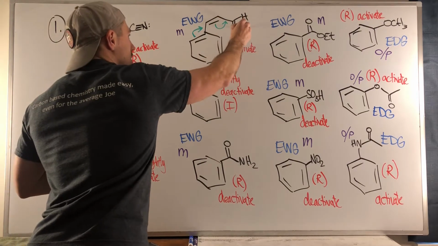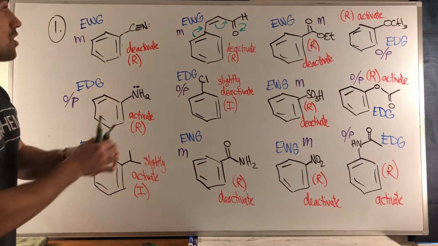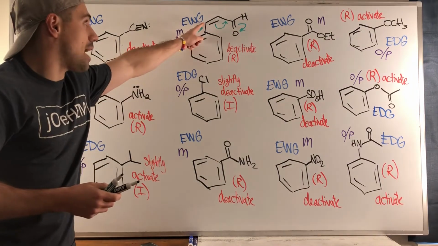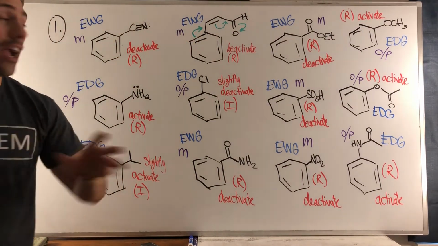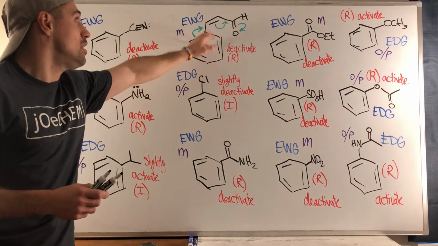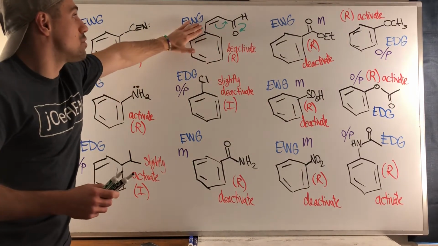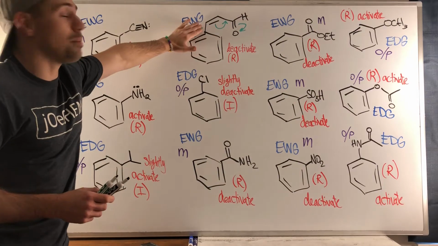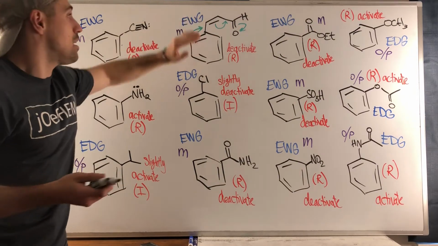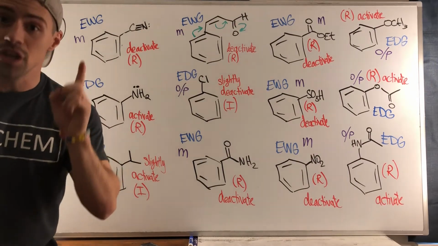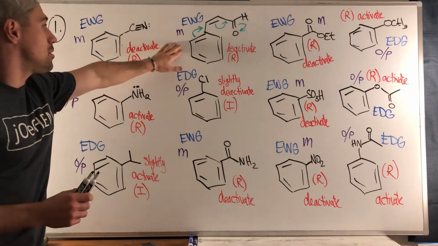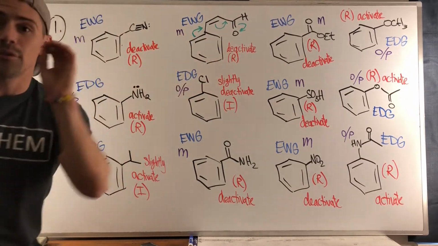Electrons can move over there, and electrons can bounce up there. So really, this is a partially positive carbon via resonance in disguise. I encourage you to draw this resonance on your own. You'll see, even if you just do these resonance moves, that carbon is partially positive. This is a functional group called an enone, and we will see those very shortly. So, EWG, meta-director, deactivates via resonance.